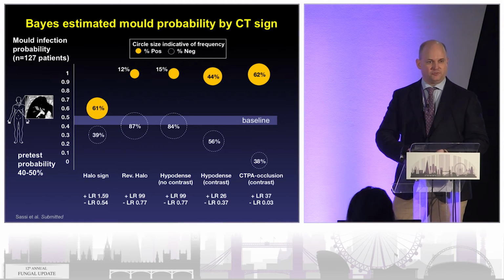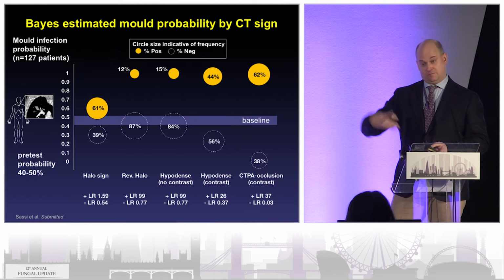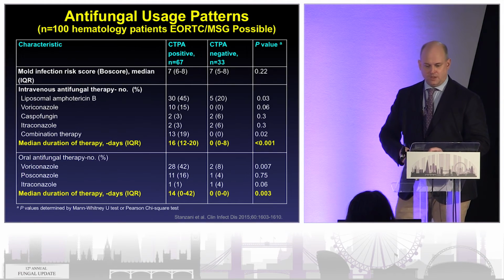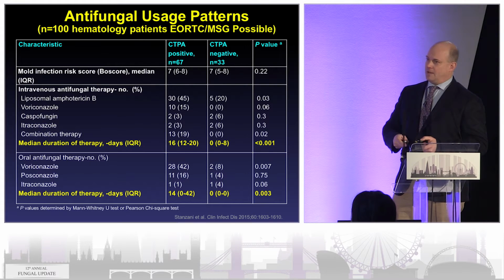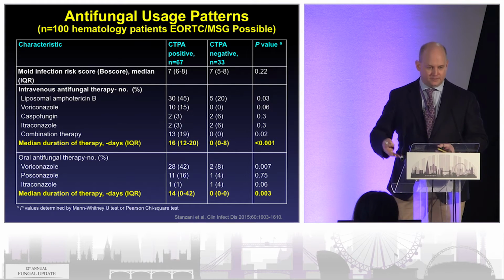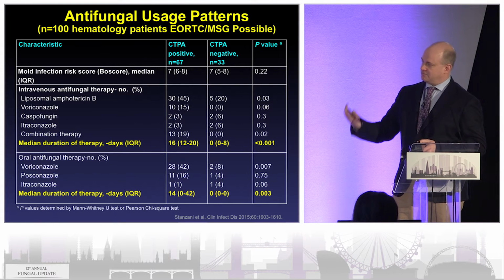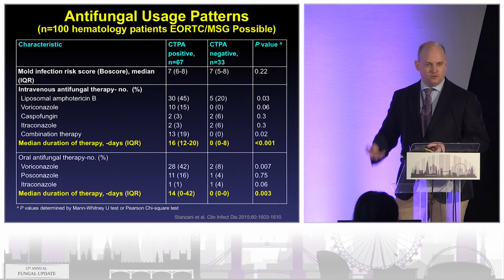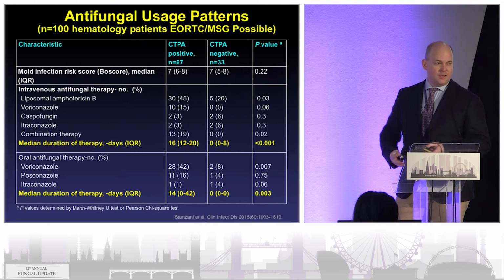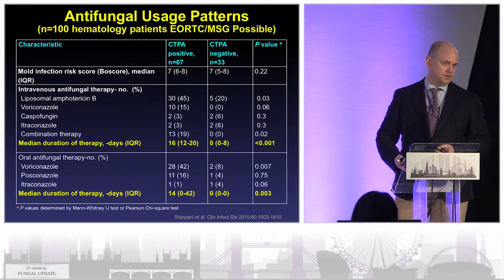We need to establish an alternative diagnosis. And maybe, especially if you have biomarker support, you can stop antifungal therapy. And without even having a formal guidance or a formal antifungal stewardship program, when this test was introduced and was being used by the hematologists, they believed in it, and they started stopping antifungal therapy on their own.